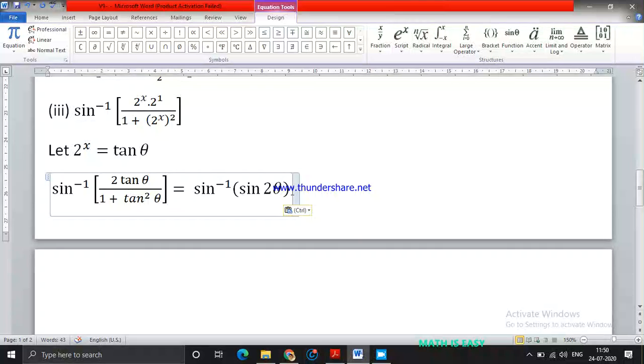So sine inverse of sine 2 theta is just 2 theta, where we have taken 2 power x as tan theta. If I want the theta value, theta will become tan inverse of 2 power x. So 2 into tan inverse of 2 power x.